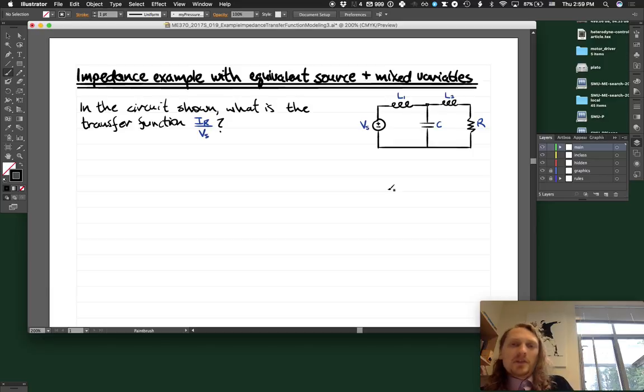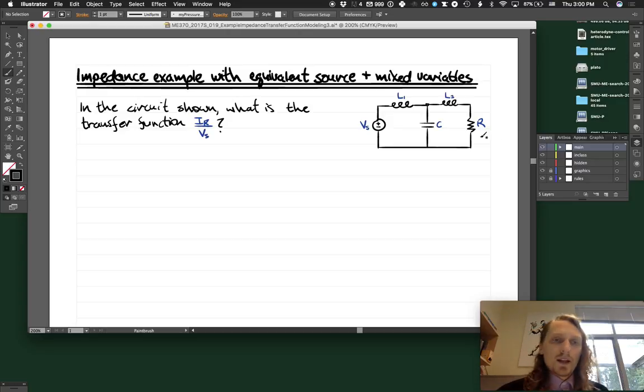So the strategy we're going to take is to rewrite this left-hand loop of the circuit as an equivalent voltage source. That will absorb the capacitor into it, so it will be an equivalent voltage source and an equivalent impedance in series with L2 and R, which will allow us to use the voltage divider rule to write the transfer function from Vs to Vr.